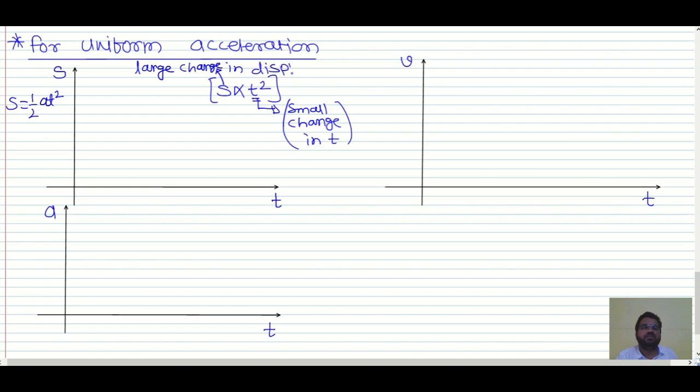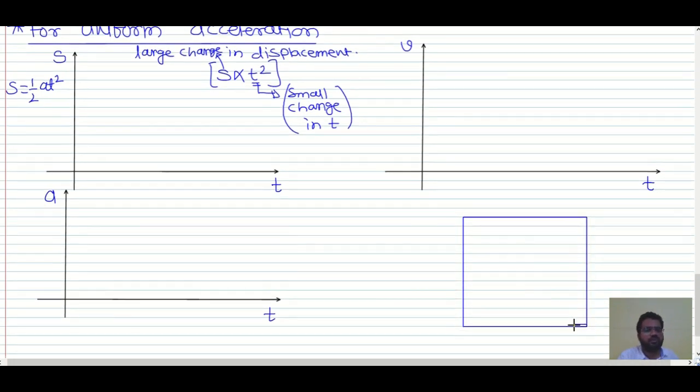Now some of you will say how. For that I'll draw one table over here. On this side it is x, this side it is time. When time is equal to 1, the displacement is 1.